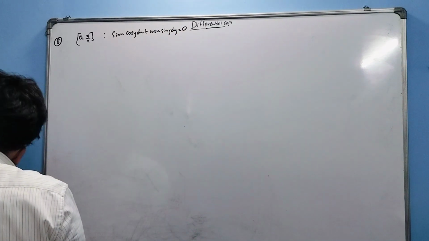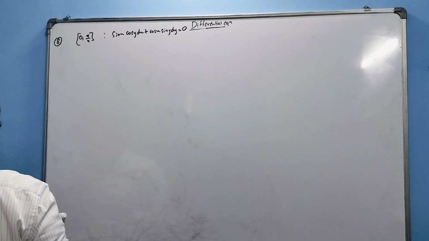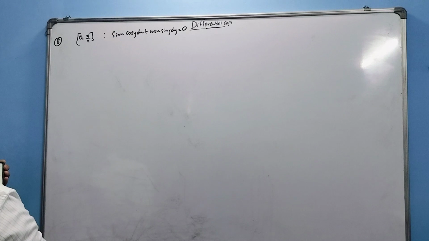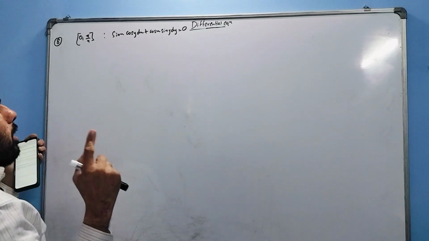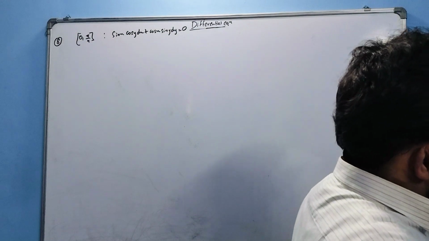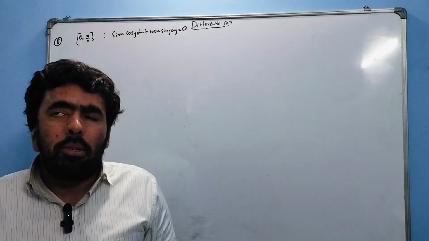Okay, what is given in this is we need to find the equation of the curve passing through this point (0, pi by 4) and whose differential equation is given, this sin x cos y dx plus cos x sin y dy is equal to 0. So now let us see how we are able to solve this question.